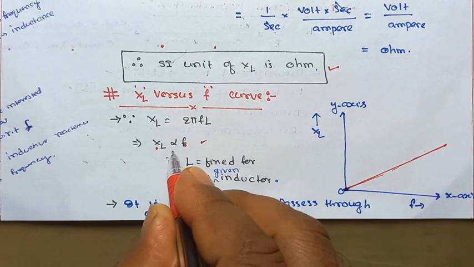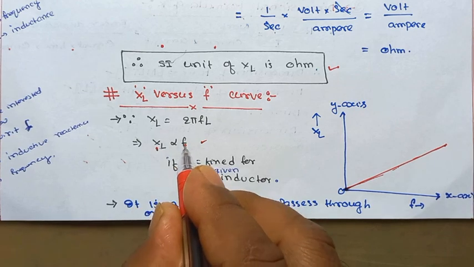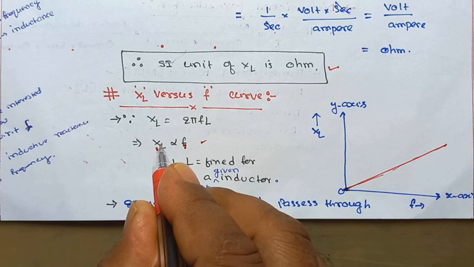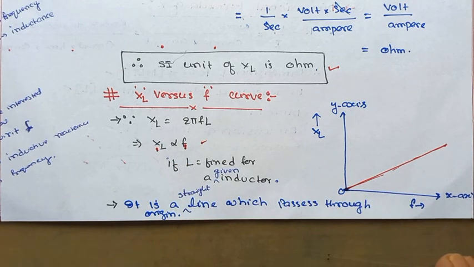Because XL is proportional to F, when F is 0, XL is 0. When F is increasing, XL is also increasing. That means we have drawn this graph of XL with respect to frequency.